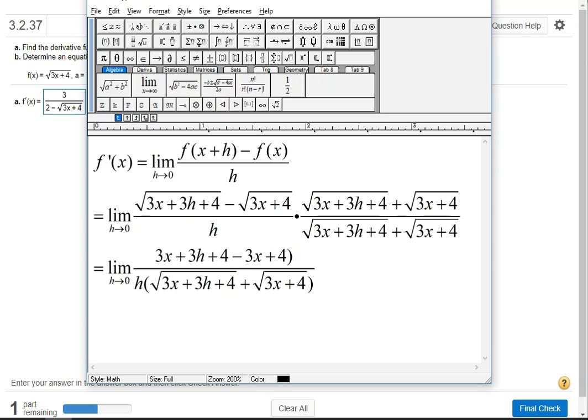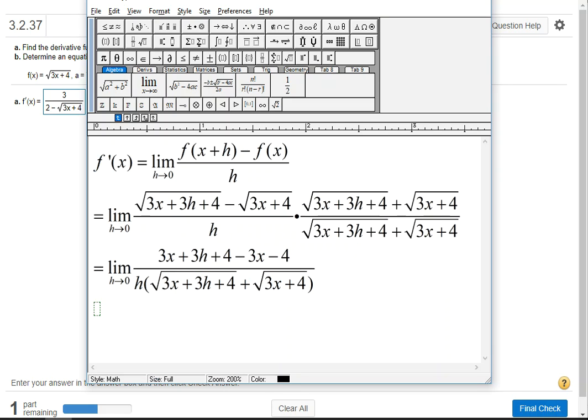Just distributing that negative is going to make these two terms negative. Alright, and then we have a negative 3x and a positive 3x that are going to add to 0. And a positive 4. Maybe I should do that on the next line. Undo. There we go. Copy this real quick.